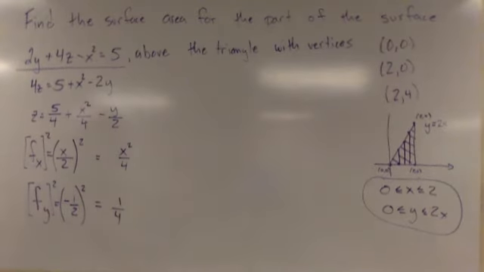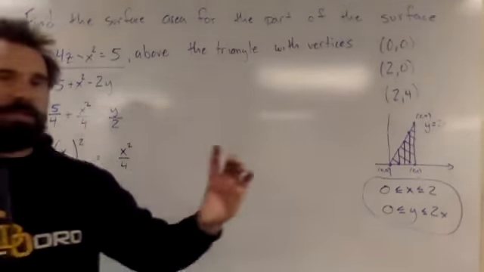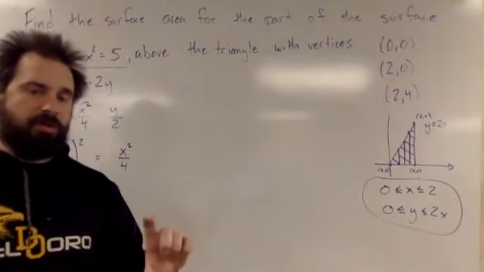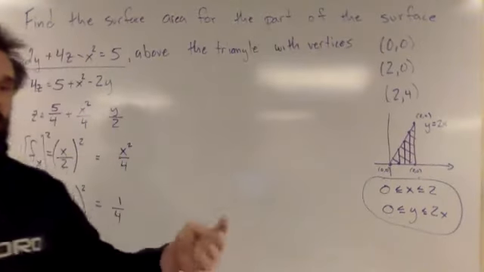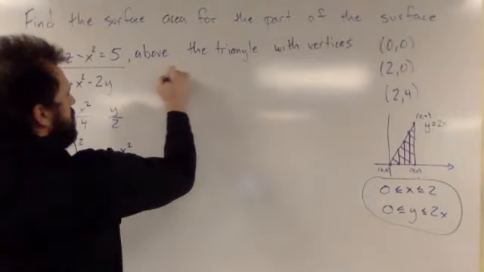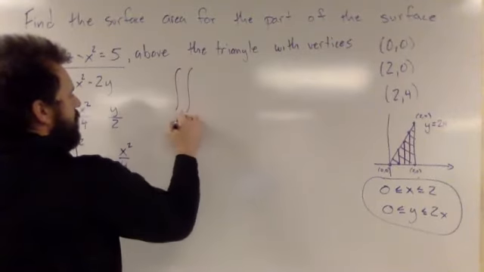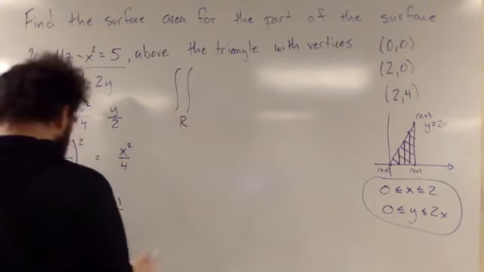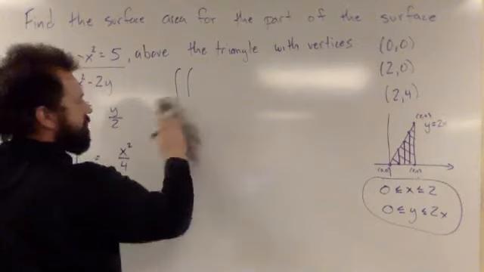So that's telling me for my formula for surface area, inside the square root, I need partial x squared, and then I need partial y squared. So if I write my formula out now, let's just write it straight as an iterated integral.